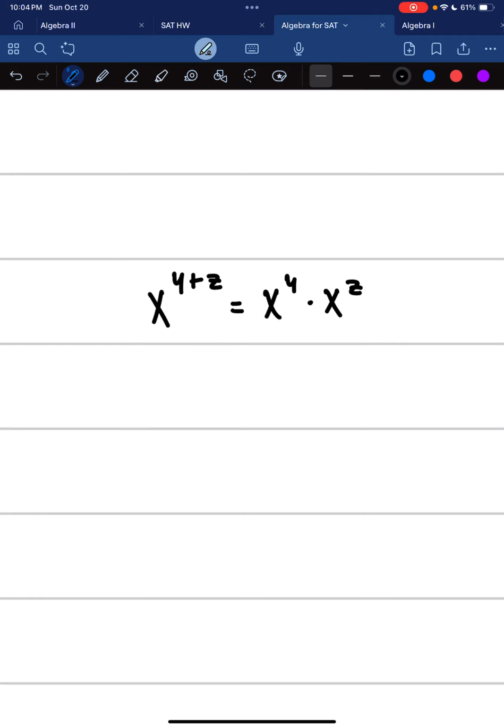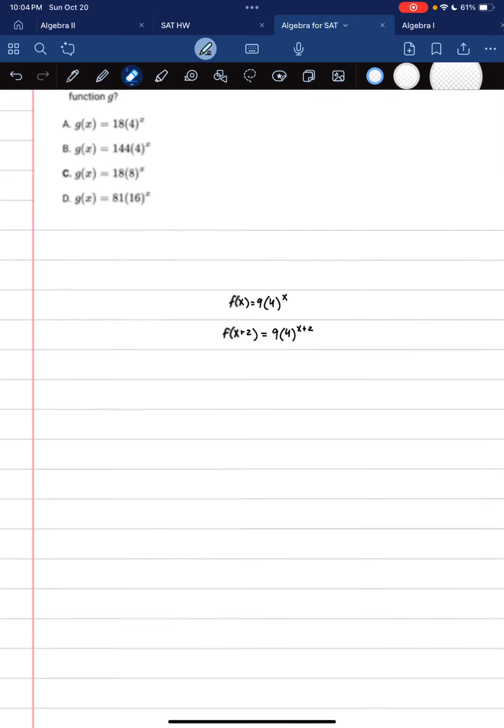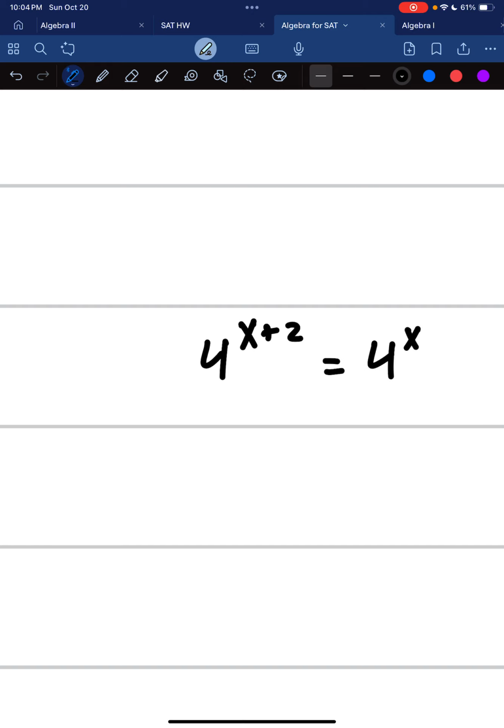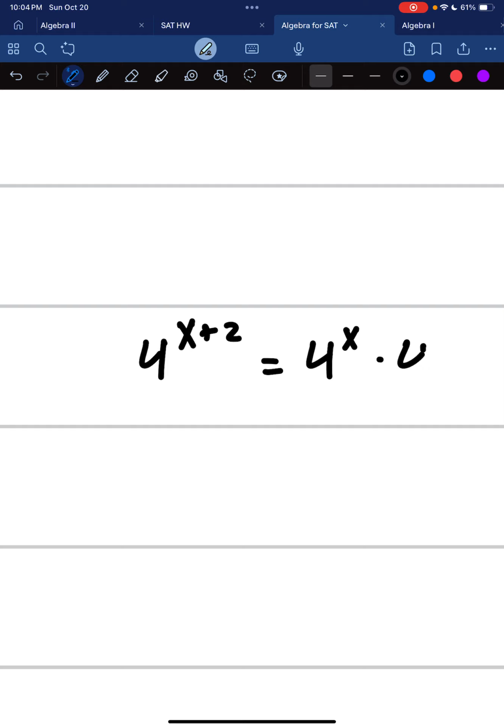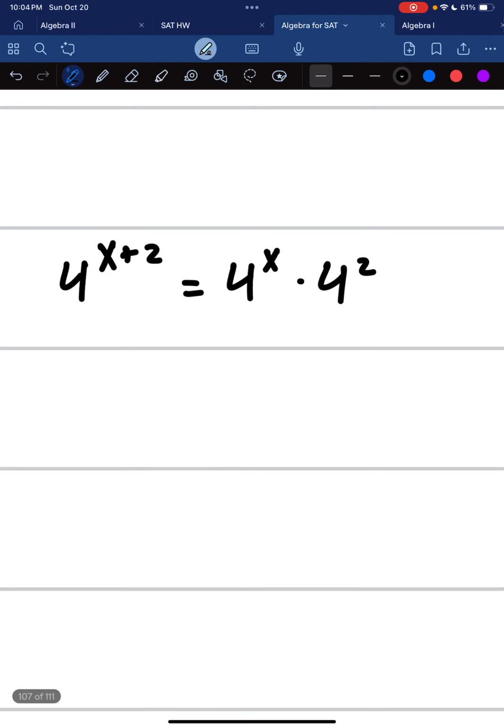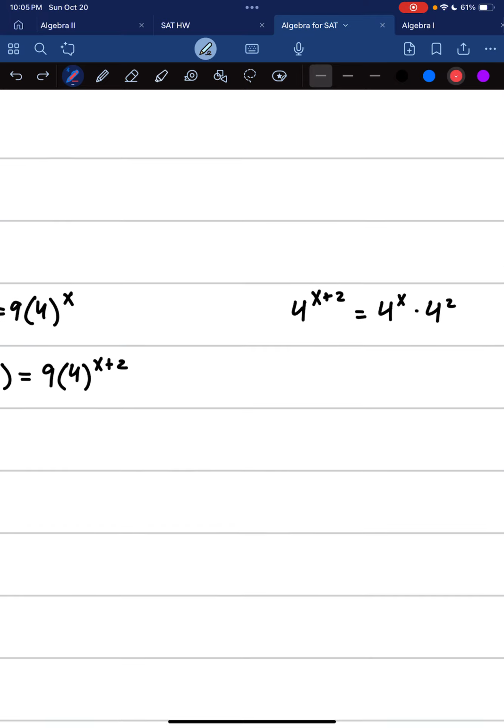So I just did it in reverse, right? So if I have 4 to the power of x plus 2, this is actually going to be equal to 4 to the power of x times 4 to the power of 2, because it works backwards. So if I had 4 to the power of x times 4 to the power of 2, I just add their exponents, but I can also do it in reverse.